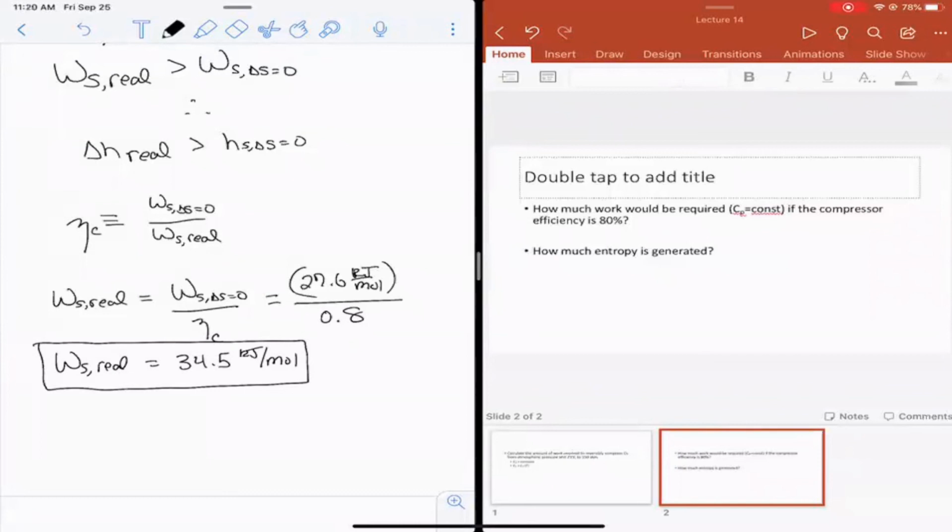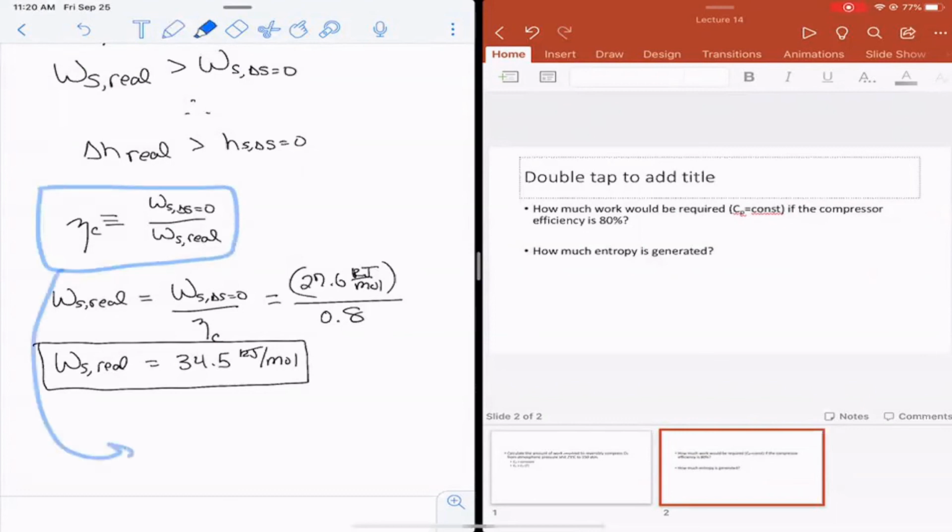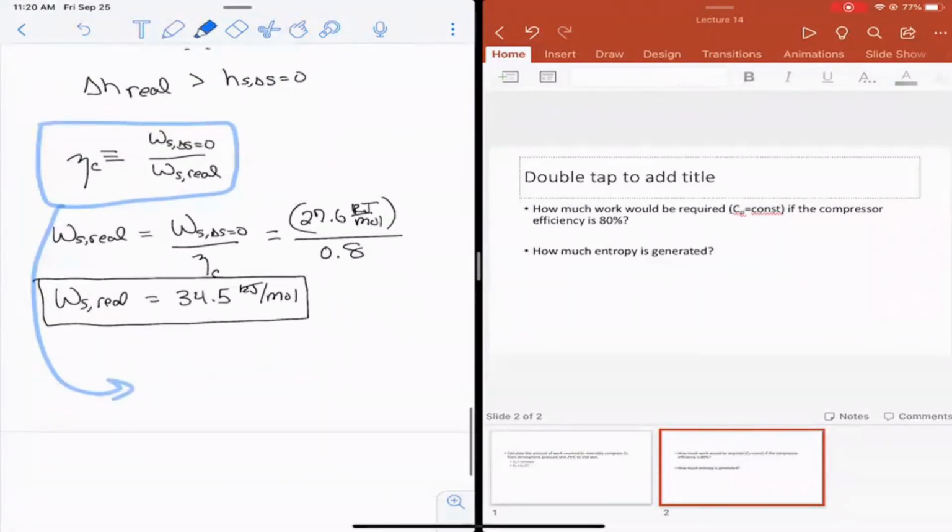All right, so that answers the first part of that problem, which is relatively straightforward, okay? But the second part of this problem, about understanding how much entropy is generated, is slightly more complicated. So let's do that and see if we can make a little bit of sense out of this. I want to start with this equation, and I'm just going to rewrite it.